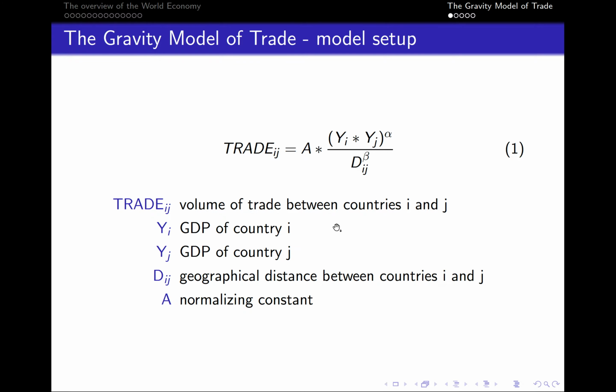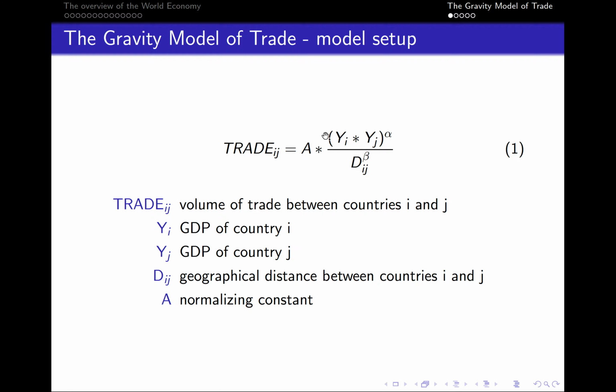So what do we see over here? We see GDP of country I in real terms and GDP of country J. So we multiply them here. So we obtain something that we will call the real GDP product. So this is a product of the GDP of two countries.